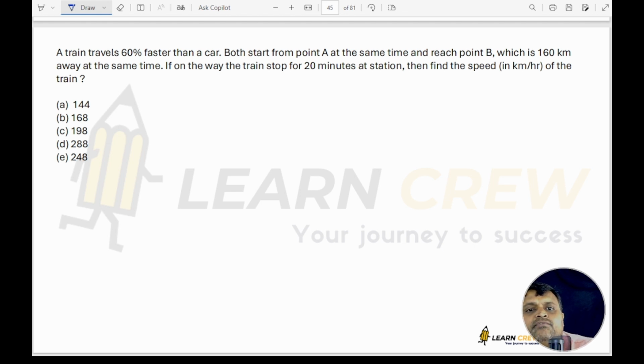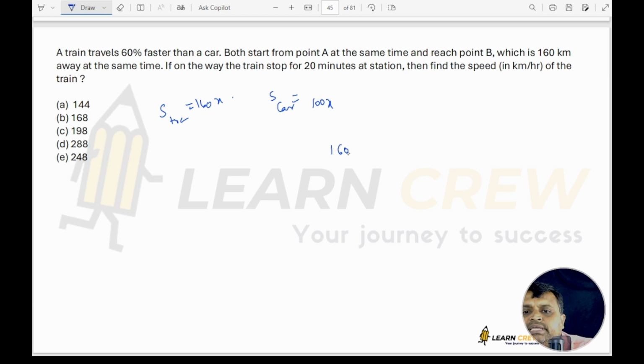So here what is given? The speed of the train is 60% more than that of the car. So if car speed is 100x, then train speed would be 160x, right? Now the total distance is 160. It is given that there is a break time of 20 minutes.